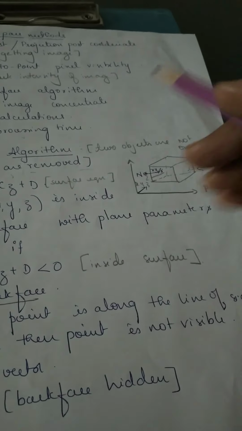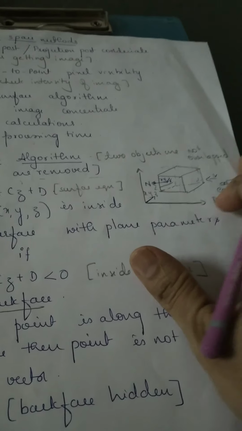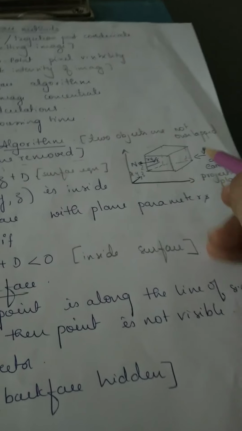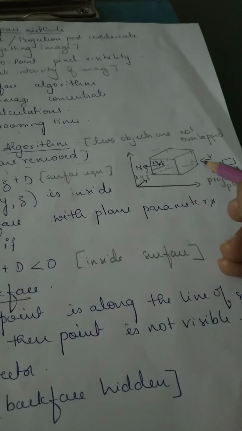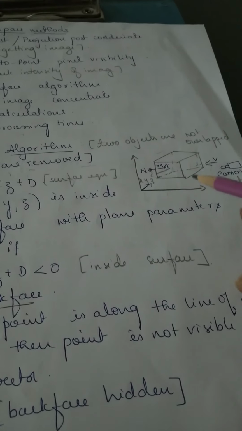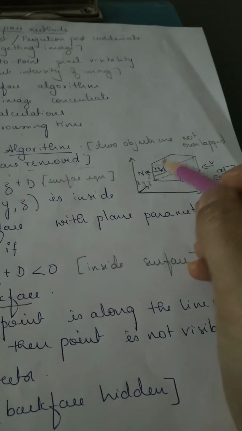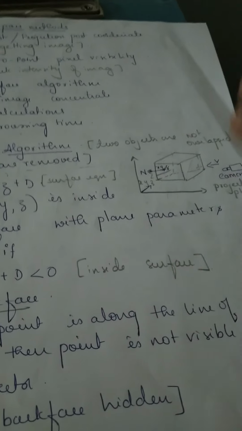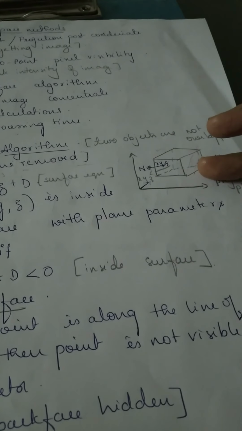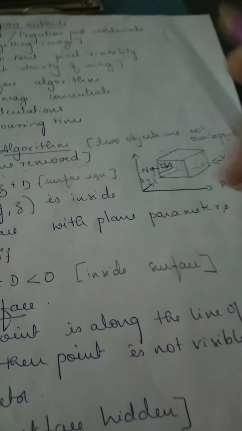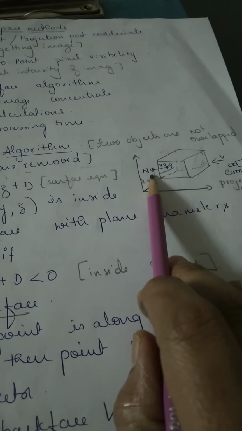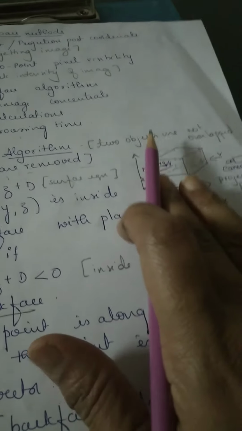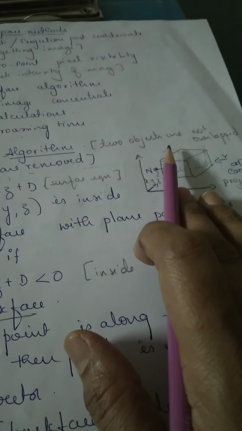The plane is in the X, Y, Z coordinate system. My camera is here, and my view or projection plane is this side. I'll view this side, and the XYZ coordinate point is here. When I view from this direction and my normal plane, or normal point, is this side, now this part is invisible.